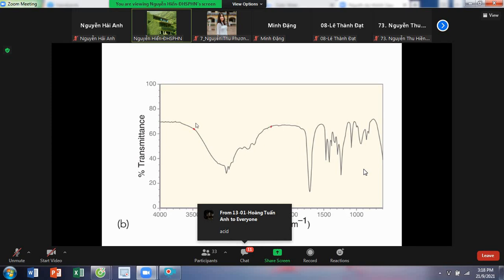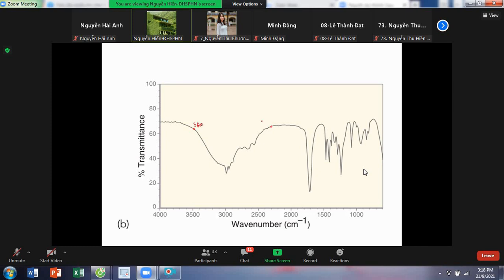This band is from 3000 to about 2000, and in this range, if you remember, is the OH with hydrogen bonding, and of course this is also C sp3-H. It is overlapped by the broad signal of the OH.